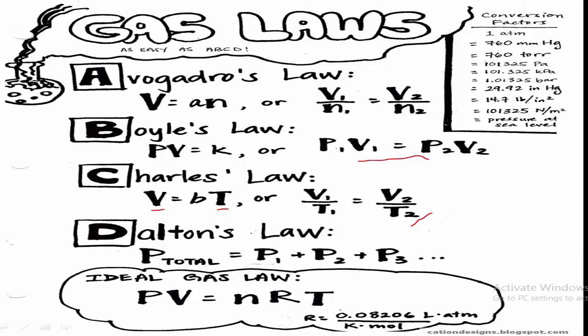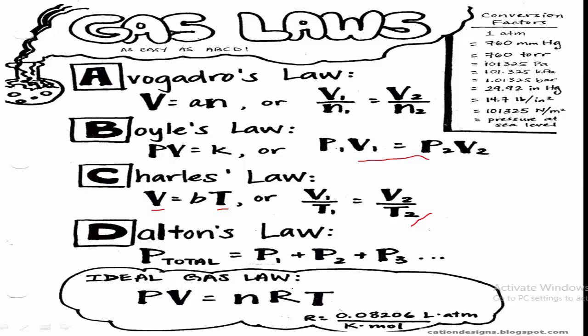Then Dalton's law, also known as Dalton's law of partial pressure, which states the total pressure of non-reacting gases is equal to the sum of partial pressures of individual gases, where P1, P2 and P3 are partial pressures of individual gases.